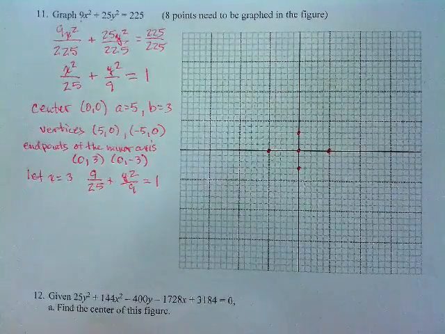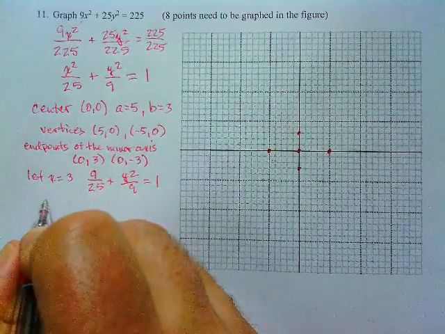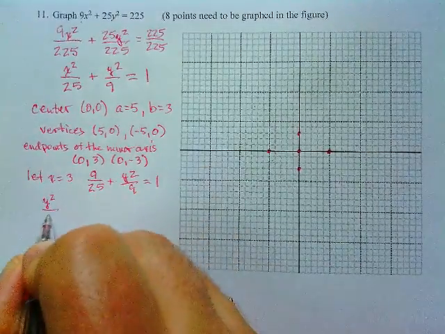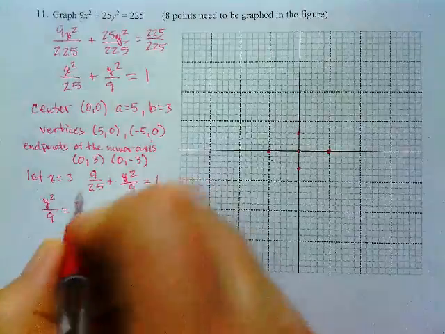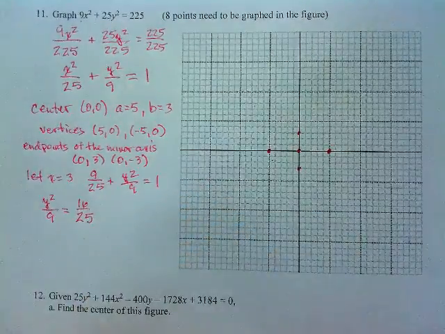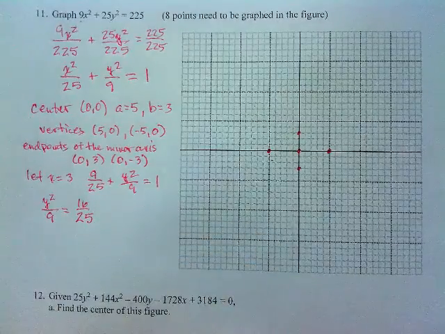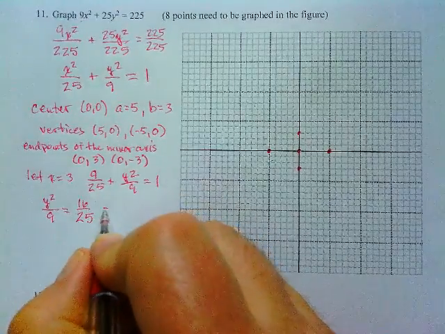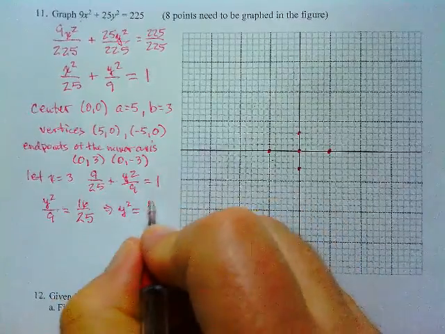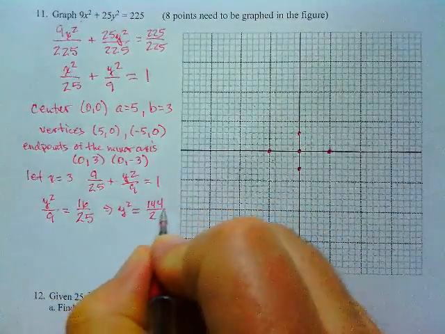So subtracting the 9 over 25 from both sides, we'll now have y squared over 9 equals 16 over 25. And then multiplying both sides by the 9, we end up with y squared equals 144 over 25.